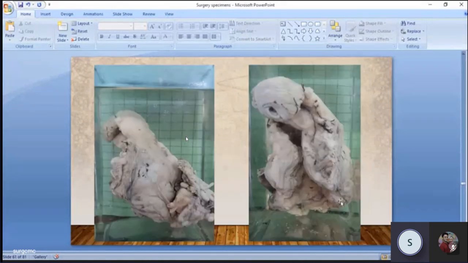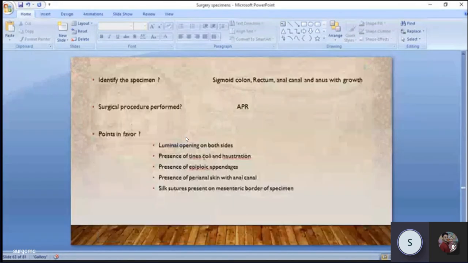You can see skin here, but because of the ulcerproliferative growth you cannot see it; usually there will be perianal skin. Presence of taenia coli on the sigmoid colon, haustrations, presence of epiploic appendages, perianal skin with anal canal, and silk suture present on the mesenteric border of the specimen.